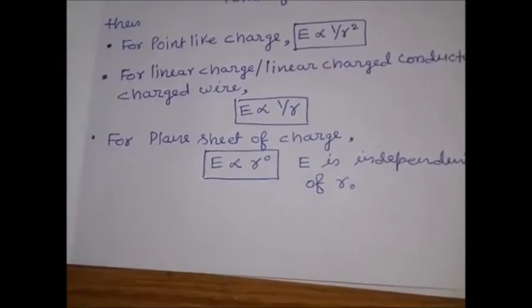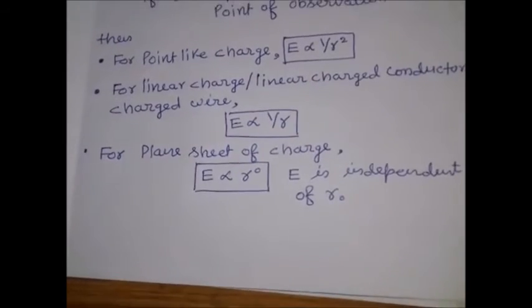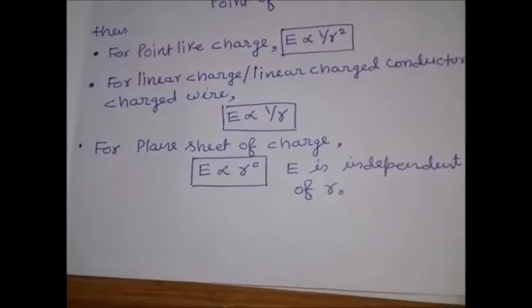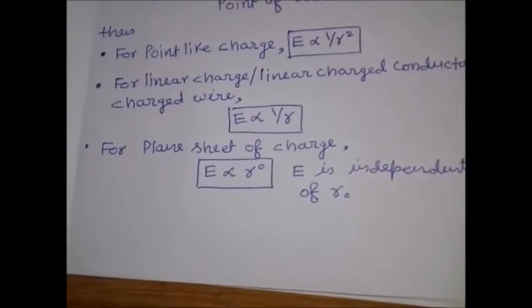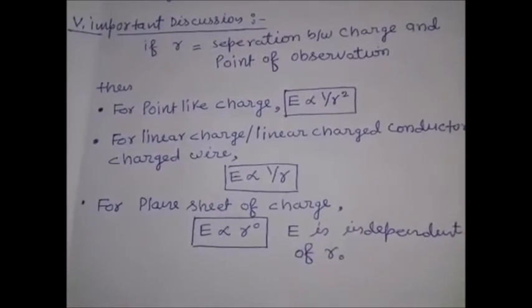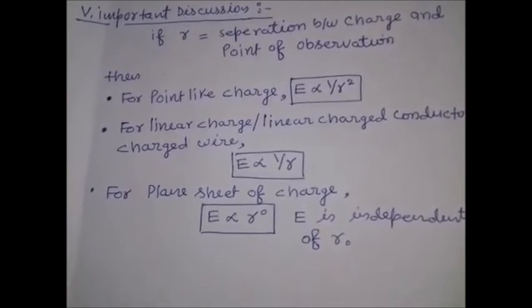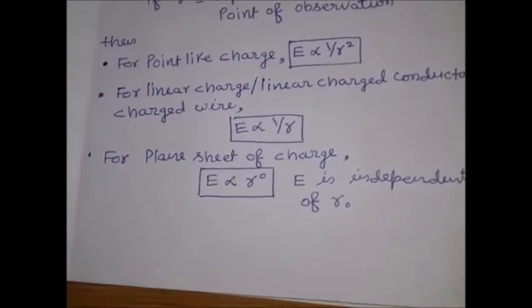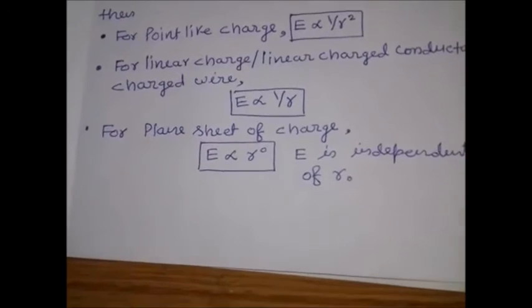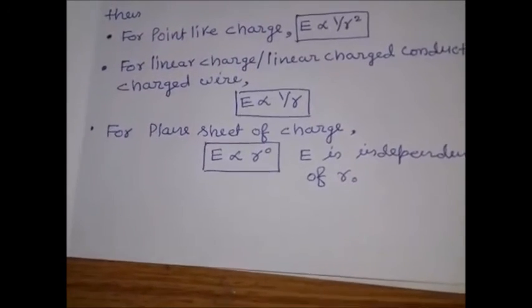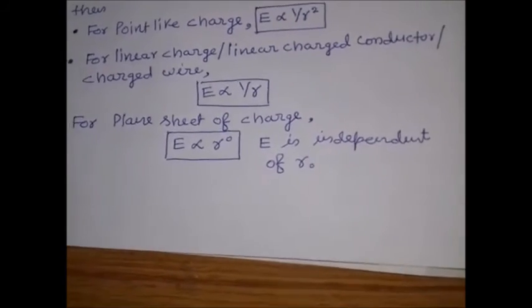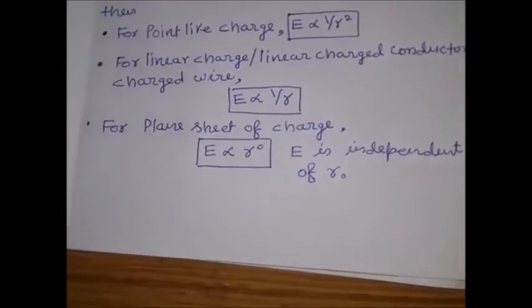In that case, electric field is inversely proportional to the separation r. Here E is proportional to 1 upon r. For point-like charges, E is proportional to 1 upon r square. For linear charge, linear charge conductor, E is proportional to 1 upon r. Whereas for plane sheet of charge, E is proportional to r to the power 0. It means E is independent of r.